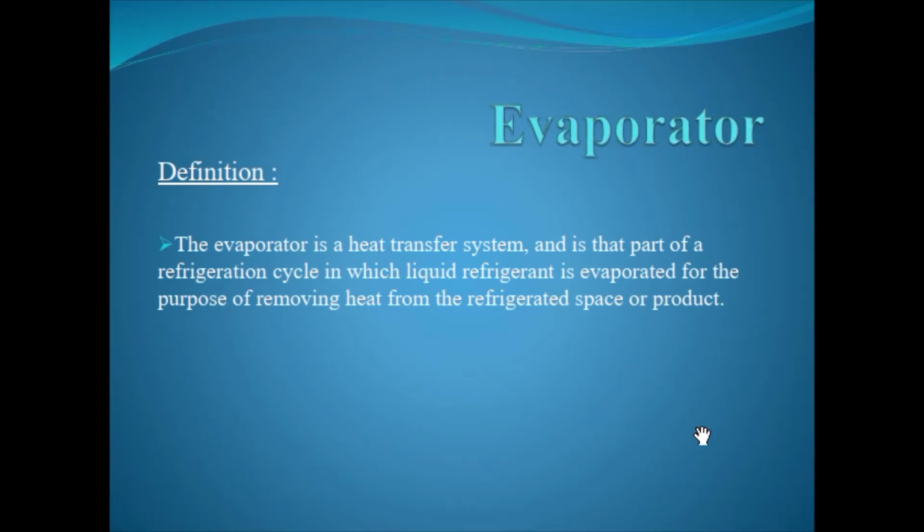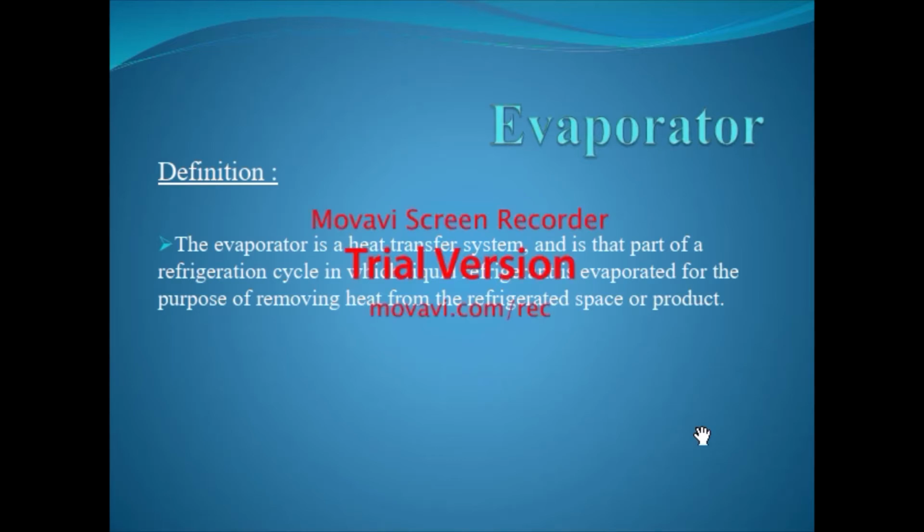Okay, guys. What is the evaporator itself? We can say the evaporator is a heat transfer system that is part of the refrigeration cycle in which liquid refrigerant is evaporated for the purpose of removing heat from the refrigerated space or product.